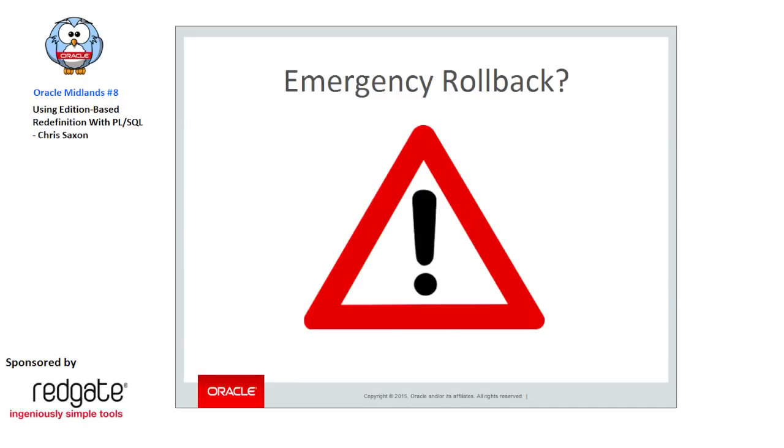At this point, you're already in an emergency situation. You don't really want to have to go and tell the wider business, it's alright, just wait 4 hours while we take the application offline, roll it all back, and make sure that everything's fine. So that's not a really good situation to be in.